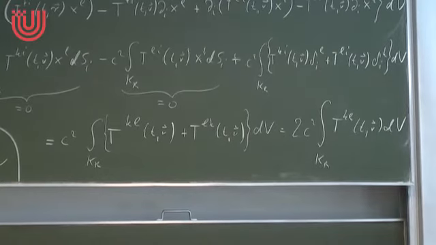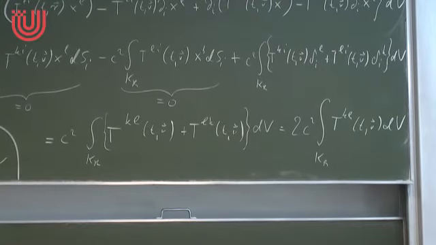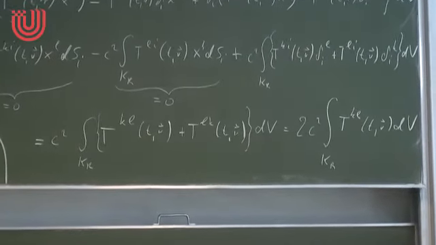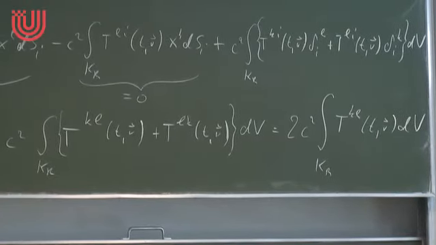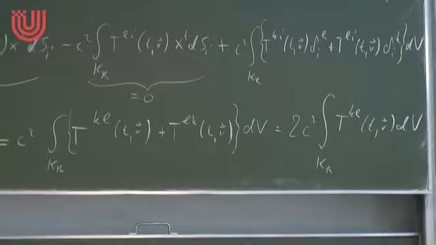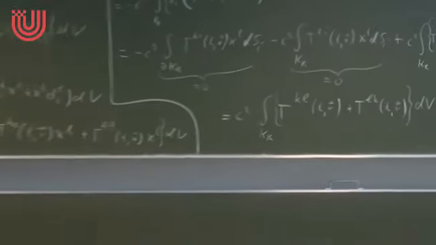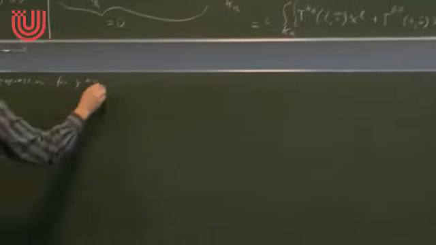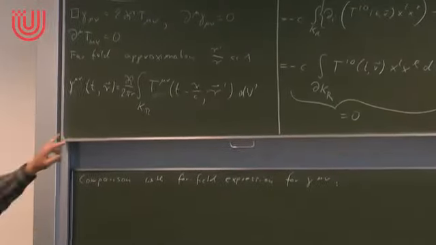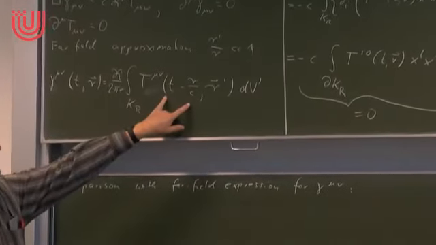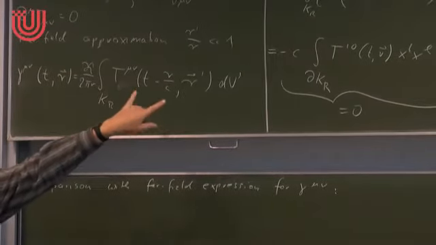So, comparison with the far field expression for gamma mu nu, that was this formula here. You see that an integral over t mu nu also occurs here. Well, at a different time, at a retarded time. So we have to be careful with the time argument.